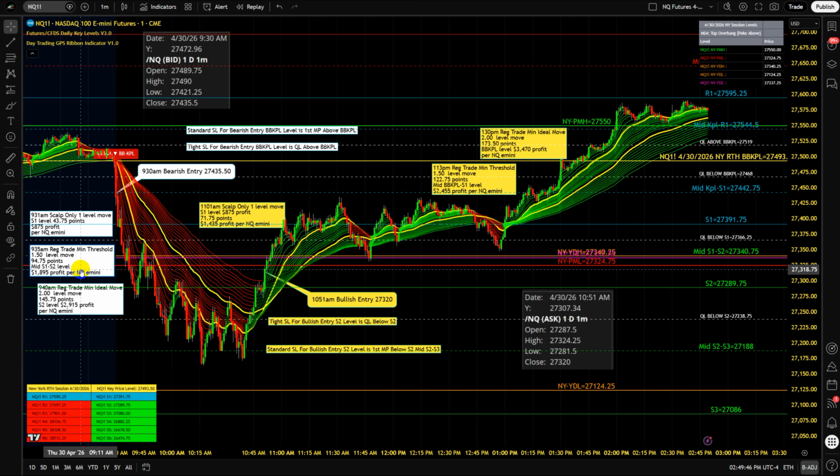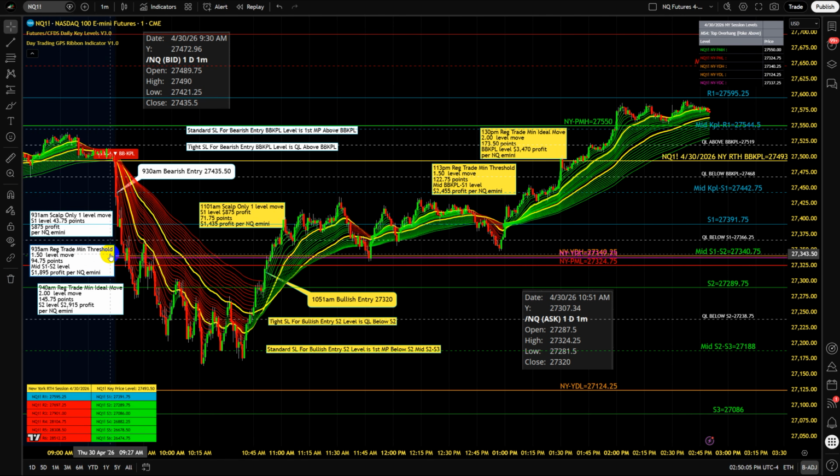The third alternative is that you are exiting 60 to 90% of your contracts when it hits the 1.5 level move in your favor. And then you are collecting that profit on those 60 to 90% exit of your initial position.